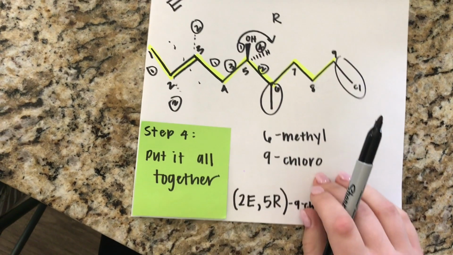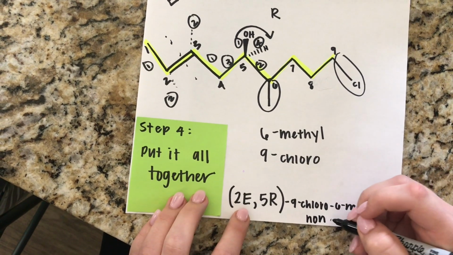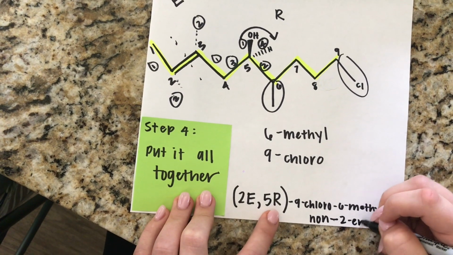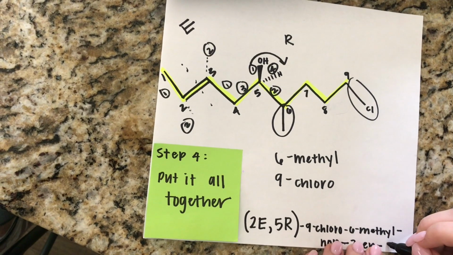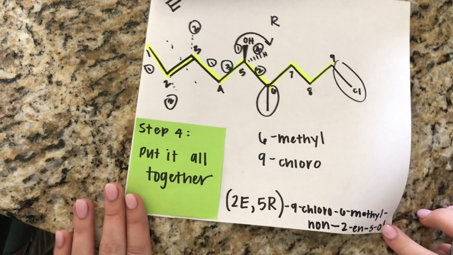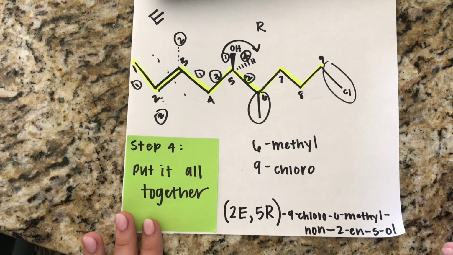Then we'll name the parent chain here, non, and then account for the alkene, 2-ene, and then account for the alcohol, 5-ol. So our name is 9-chloro, 6-methyl, non-2-ene, 5-ol.